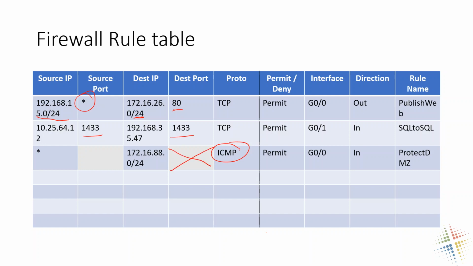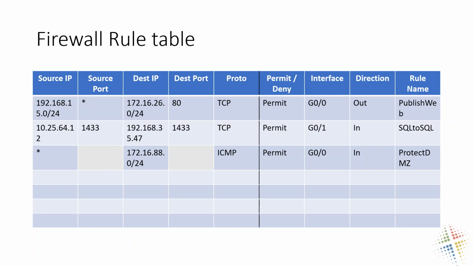Since there is no source and destination port with ICMP, then suddenly instead of 5 tuples, we have 3. We have a source IP, a destination IP, and protocol only. So these things can change, all depending on the protocol that we're using. Again, if this is confusing, don't worry, we're not there yet.